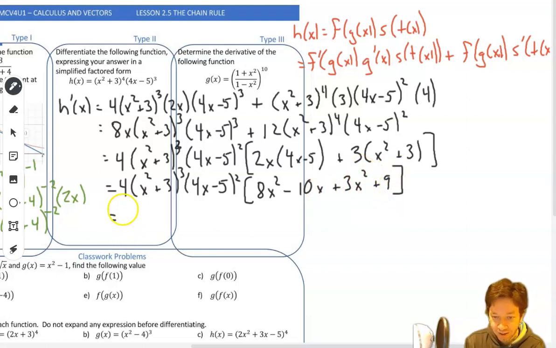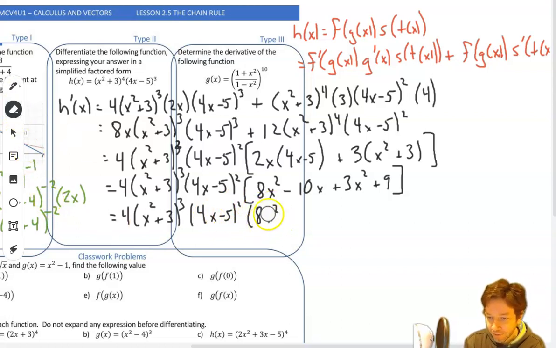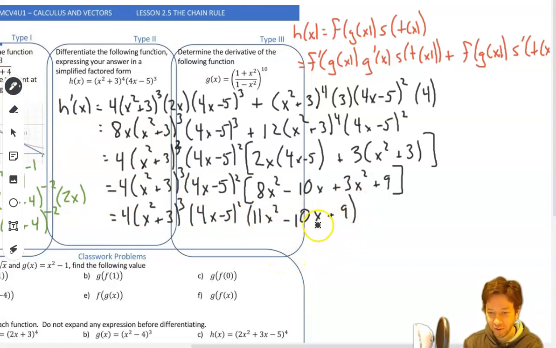And finally, just collect like terms in there. So we have 8 plus 3, so 11x squared minus 10x plus 9. And there we go. We're done. There's the derivative of h of x.